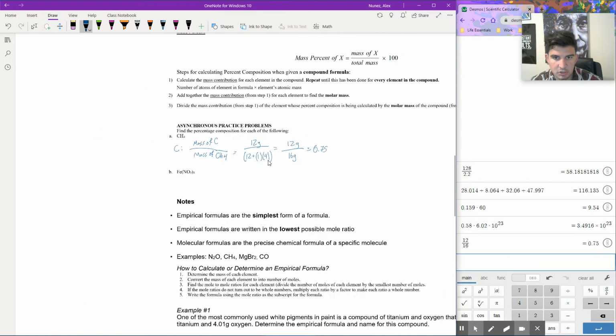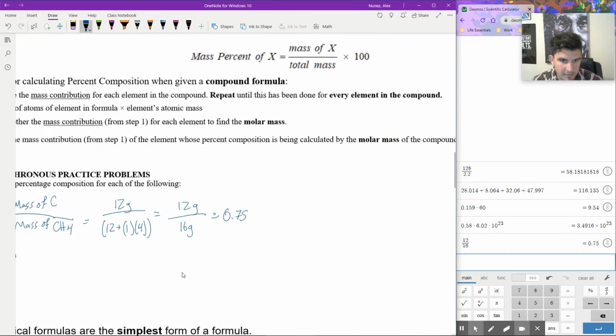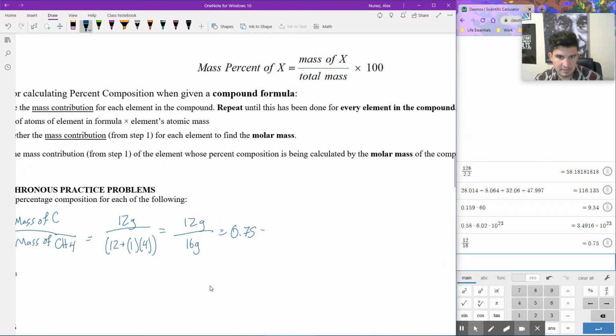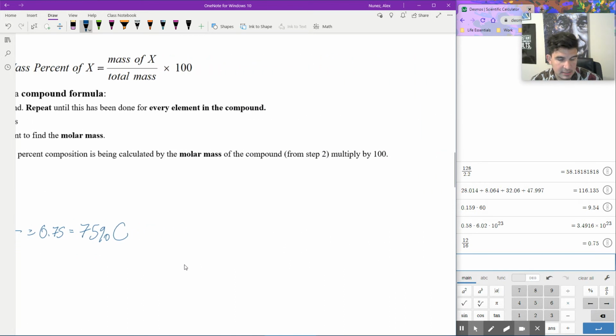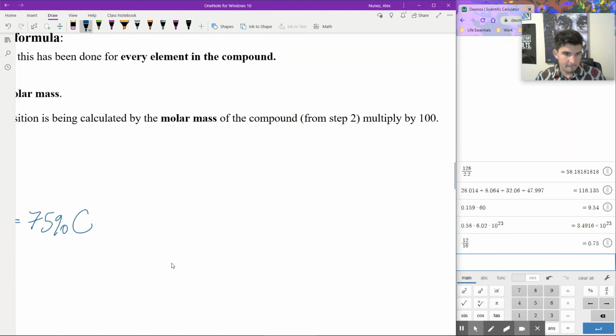And then just like it shows, our last step would be to multiply it by 100. So that's the same thing as 75% carbon. Let's say I want to find now the mass percent of H4. So I need to do the mass of H4 divided by the mass of CH4.